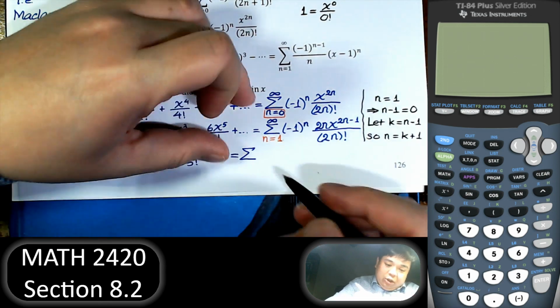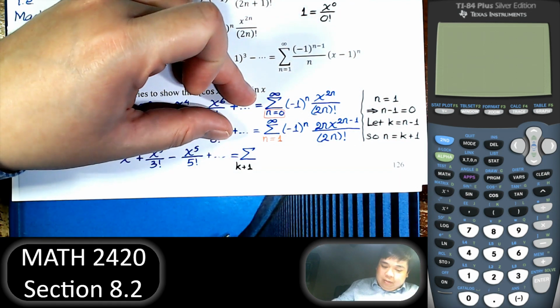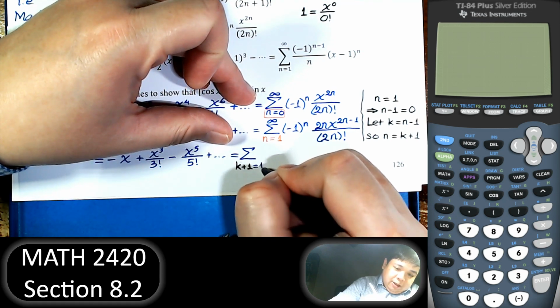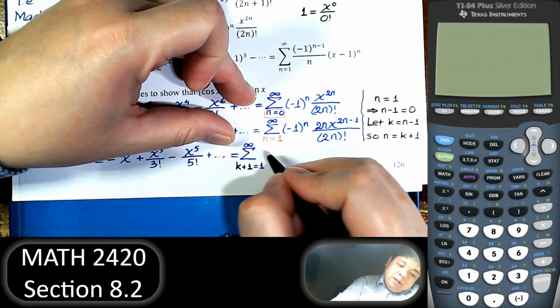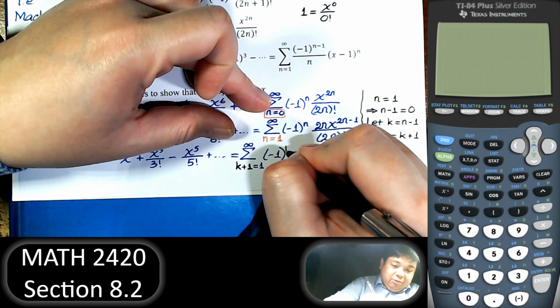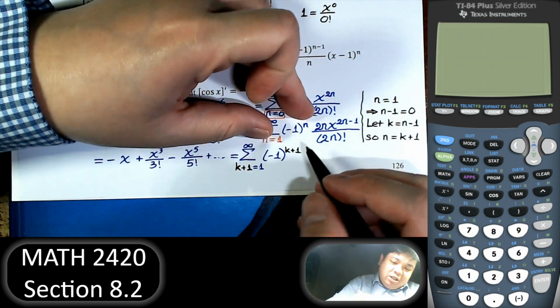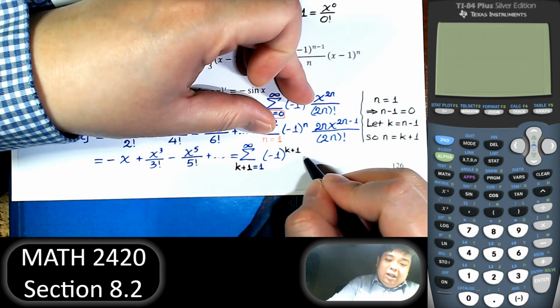Now, instead of n, we have k plus 1. By the way, we'll do this quite a few times later, so this is certainly helpful. By the way, 2n and 2n cancel out.